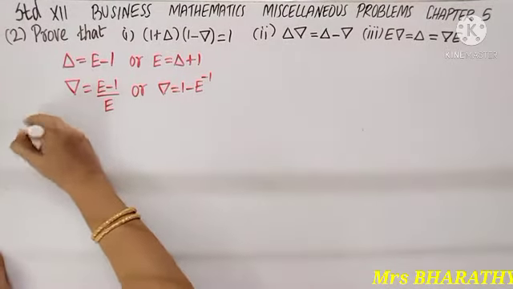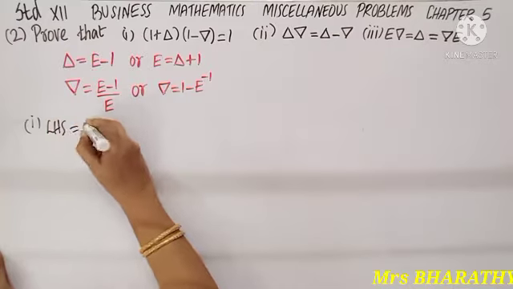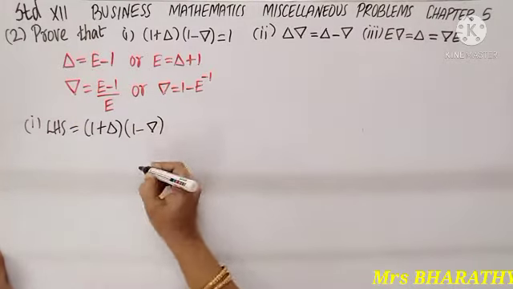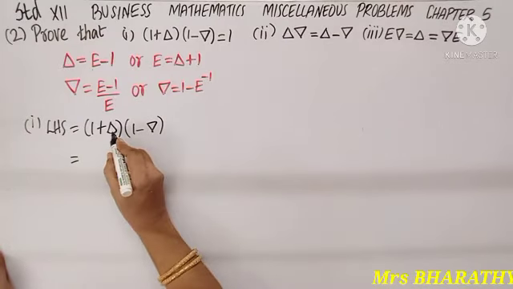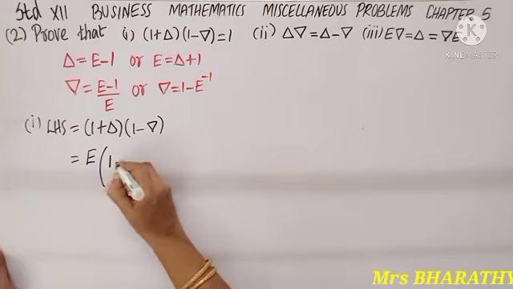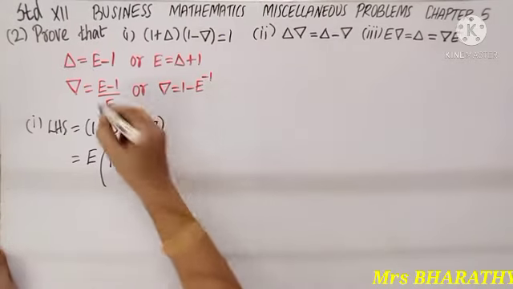First subdivision, let us start with LHS, which is 1 plus delta into 1 minus nabla. 1 plus delta, I can write E from the formula. 1 minus, what is nabla from here?